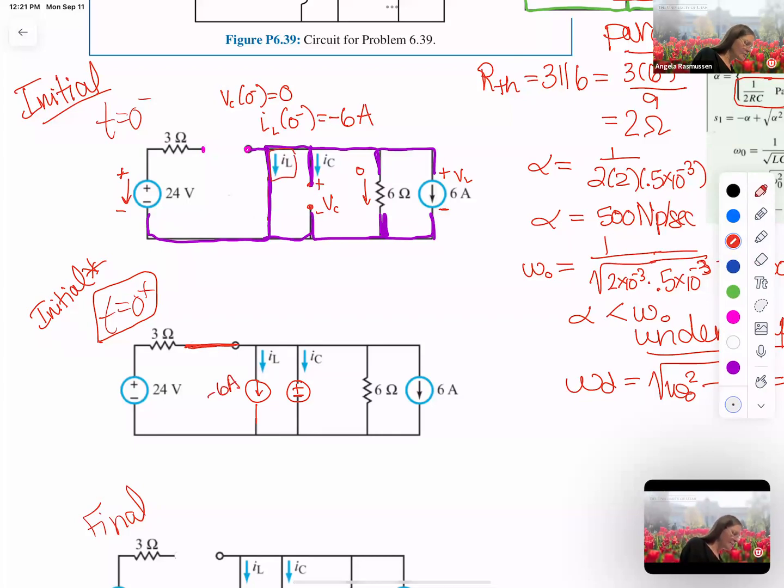So I keep the direction of that current source the same as it was in the direction I solved IL for. And then this was 0 volts.